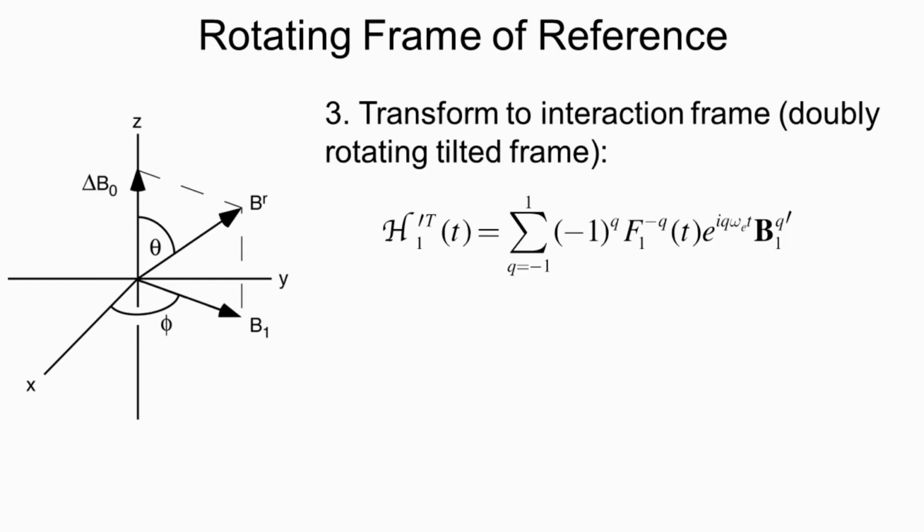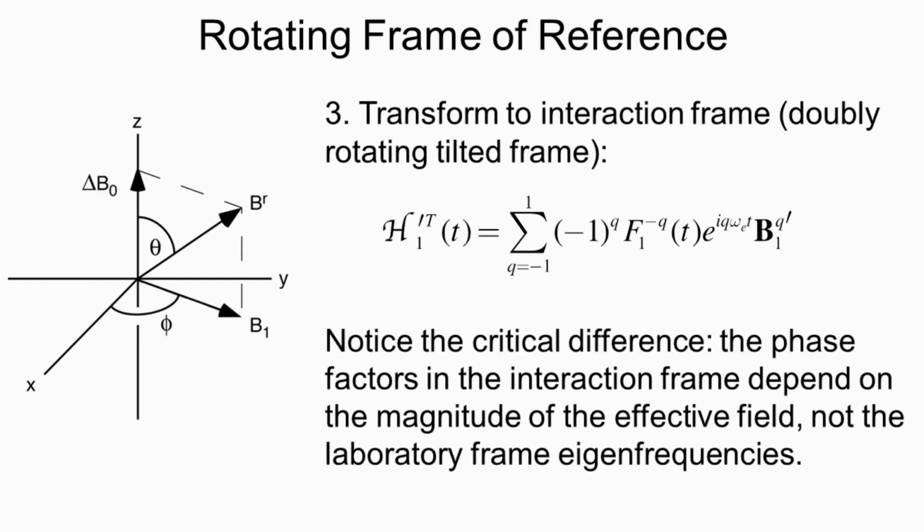The omega e IZ prime part disappears. But notice one important difference now. The complex phase factor is e to the IQ omega e times t.